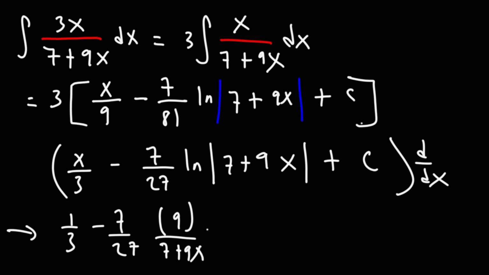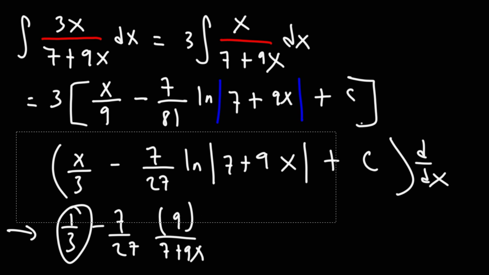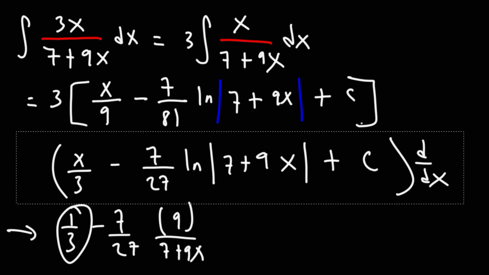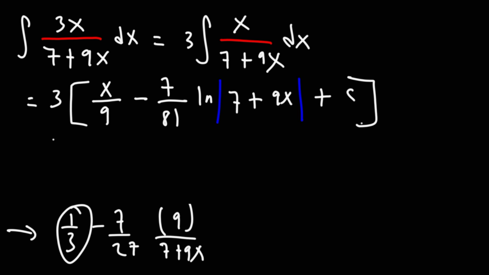In order to find out, we need to get common denominators. So we don't really need to change this fraction, but this one, I'm going to multiply it by 7 plus 9x and also a 9, top and bottom. So I have 1 over 3. I'm going to multiply it by 9 times 7 plus 9x.